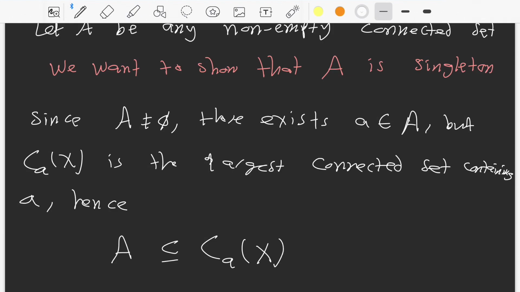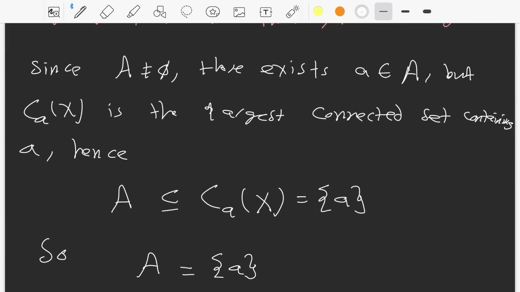Now, the connected component is only the singleton. So, A must also be equal to the singleton, and that's exactly what we want to prove, and this is the end of the proof. So we have the connected set is only the connected component that contains the a.